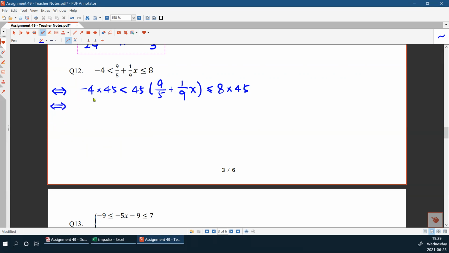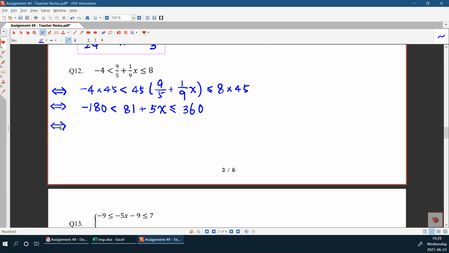And this is equivalent to minus 4 times 45 gives us minus 180, less than 45 times 9 over 5, which is 81, plus 5x, smaller than or equal to 360, right?